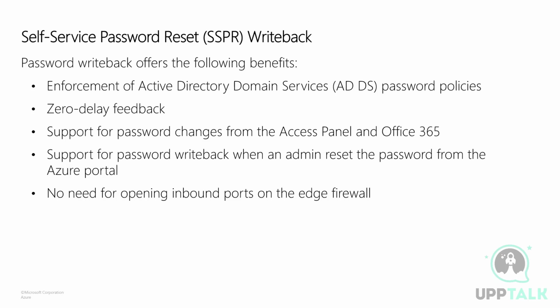Whenever you have write back, any changes you make on Azure, if you modify the password or if the user has done a password reset, the same password will also be updated within the on-premises environment. And for this, you don't have to open any firewall rules or firewall policies. All this is taken care of by the services running behind the scenes with your Azure AD Connect.